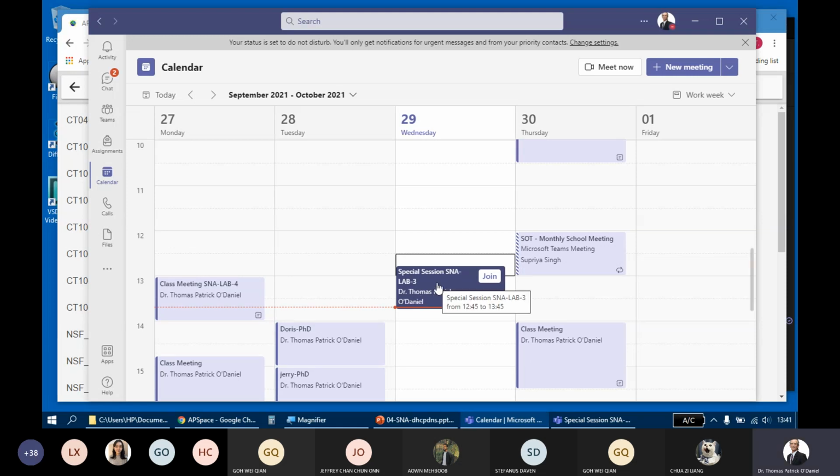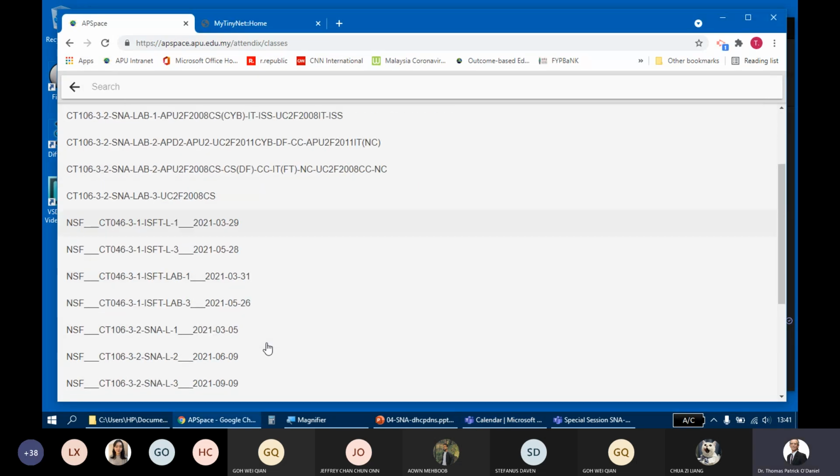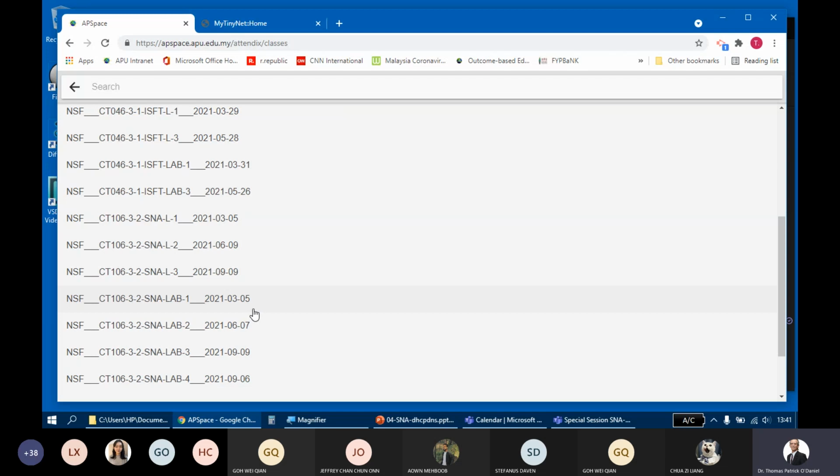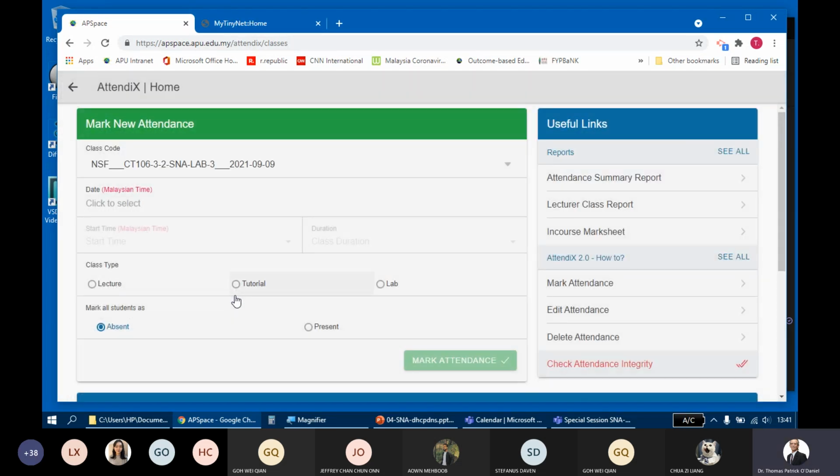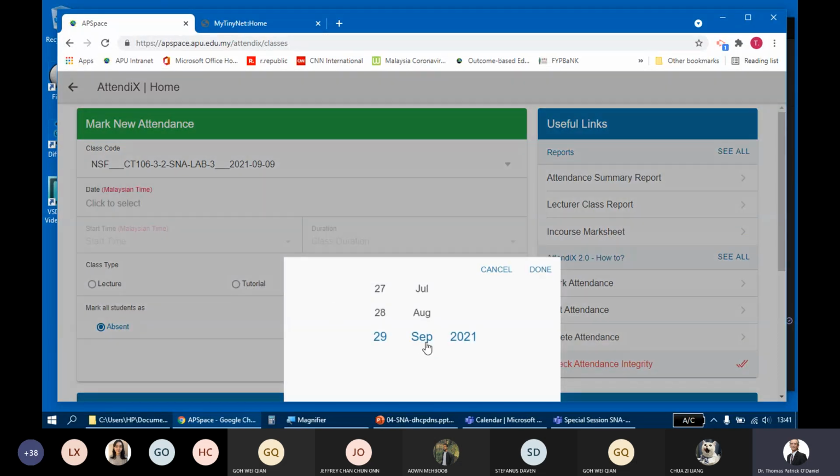We are lab 3. So let's get our lab 3, not that lab 3. 2021-09-09-09, that's our lab 3, and today is the date.